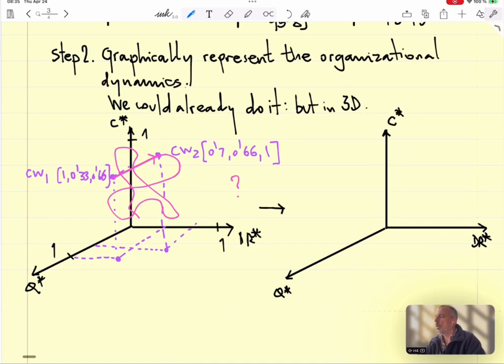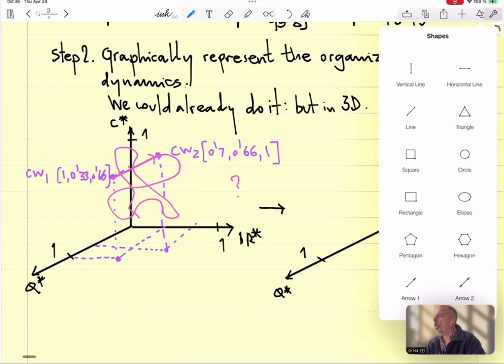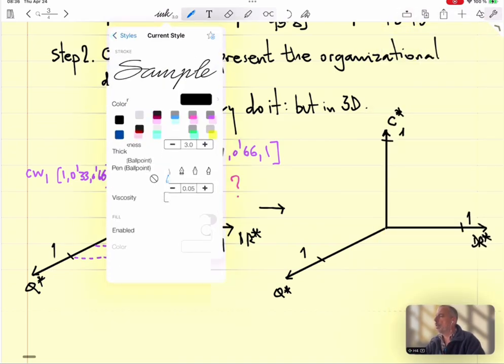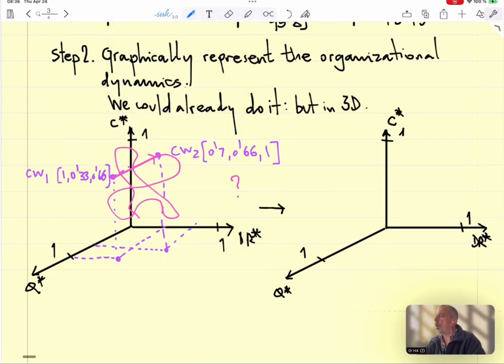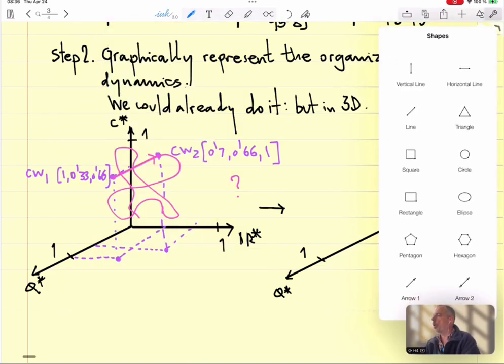And now we take each axis, 1, 1, 1, and we project it on a triangle. The triangle is called simplex.